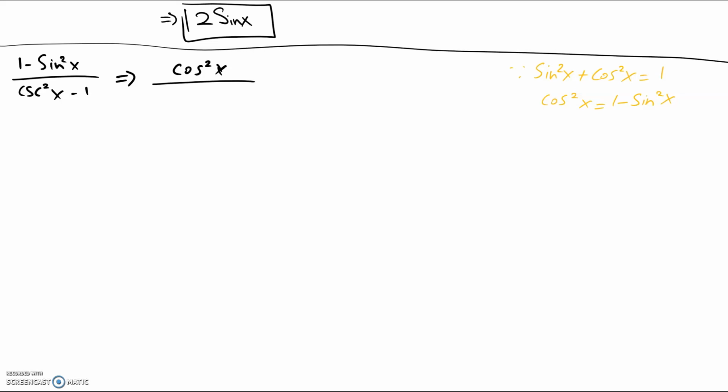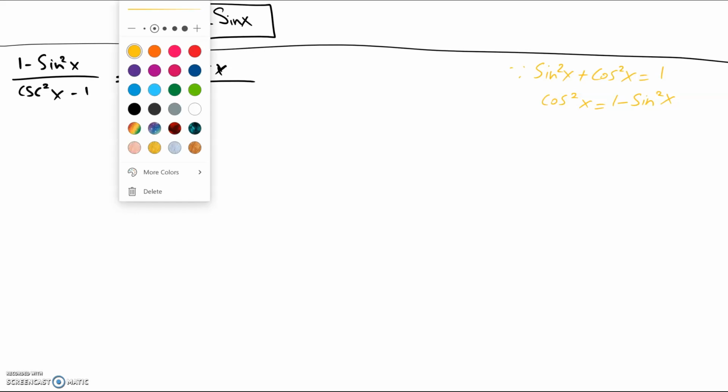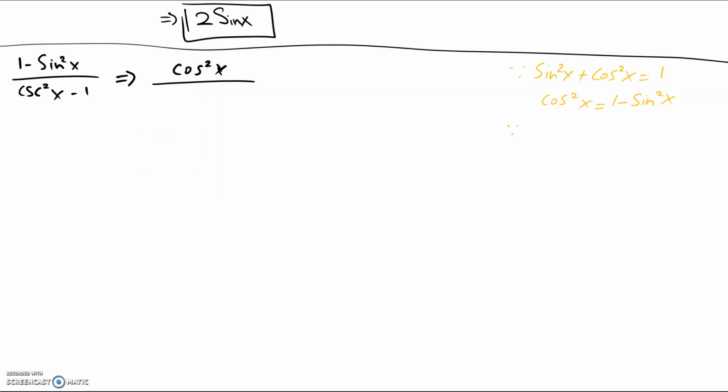So for the denominator, the identity that we are going to use, I'm going to write down here, is 1 plus cot squared x equals cosecant squared x.